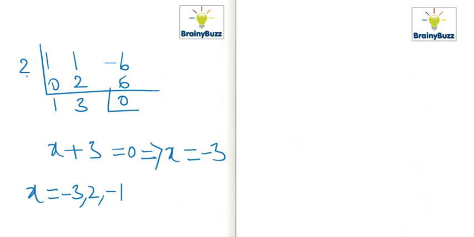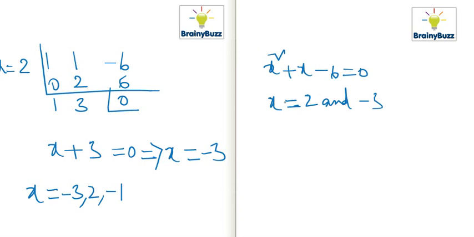After solving the equation, putting x is equal to 2, this is x plus 3 is equal to 0. Or if you want to use this, that means the x square term plus x minus 6 is equal to 0. If you solve the equation, you get the roots x is equal to 2 and minus 3. These are the two processes. This is the Horner synthesis process.